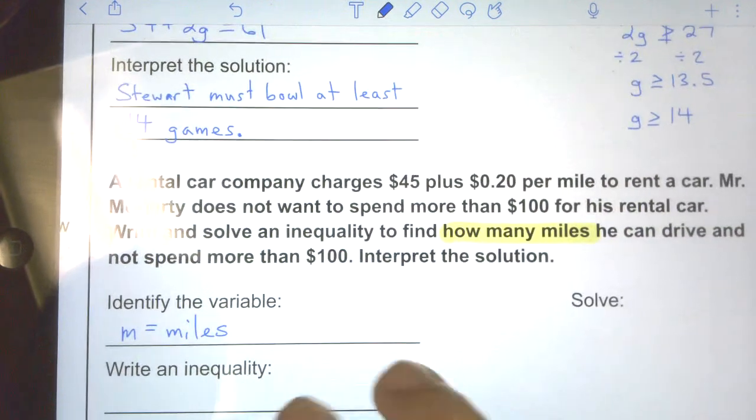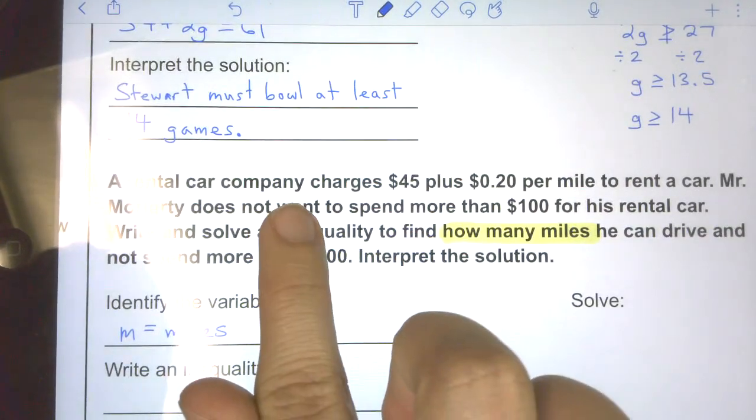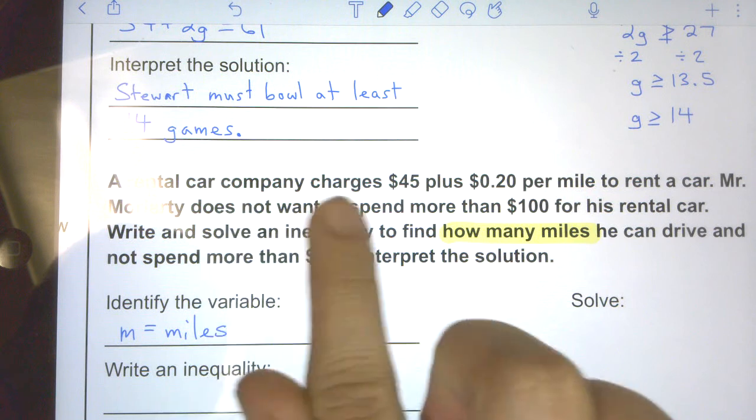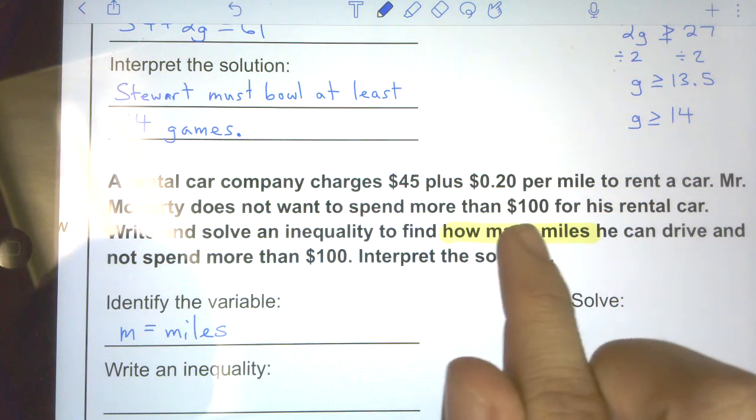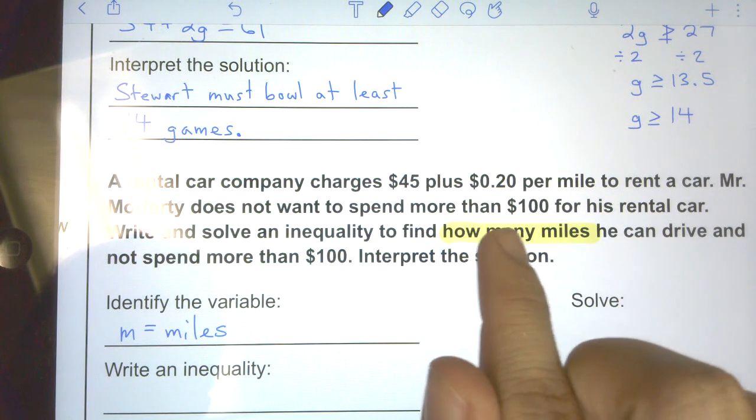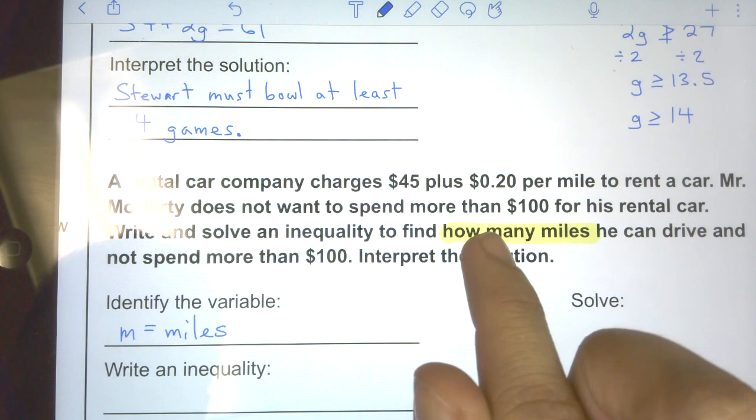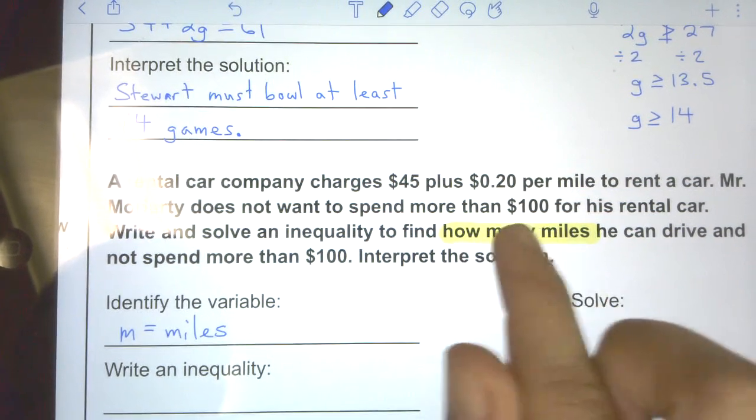In terms of the inequality, we just kind of know about the rental car company. And then we also kind of know our total, the number that we can't go over. So again, just like the previous one, I'm going to start from what makes up that total.